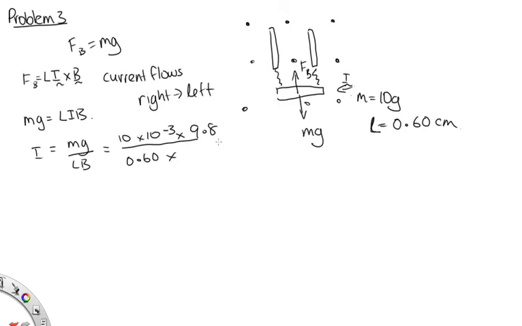And our magnetic field has a strength of 0.40 teslas. So B is equal to 0.40 teslas. Now solving this on the calculator, we end up with 0.41 amps. And we've got the direction up here, right to left. Okay, so that's the answer to that problem.